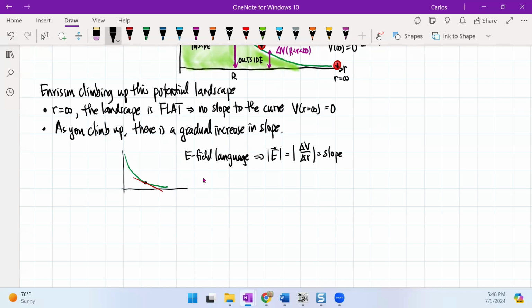If I have a shallow slope, in other words less steep, then the value I get for the slope turns out to be small, which means I end up getting a small electric field. In other words, a weaker E field, which then means that the electric force repels weakly.